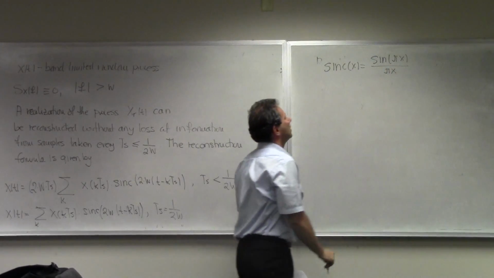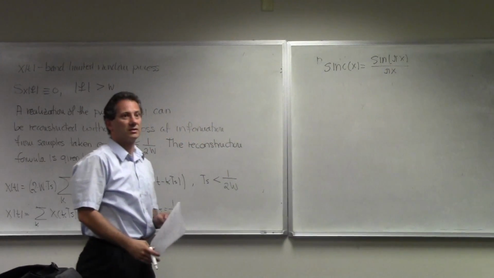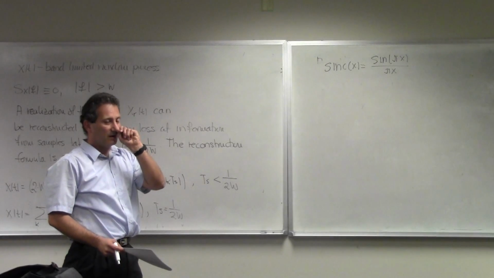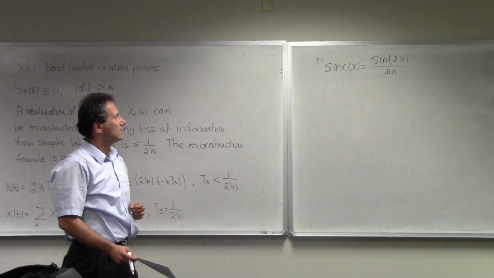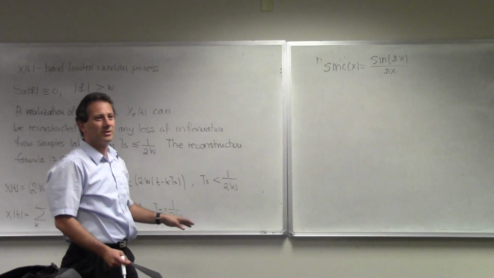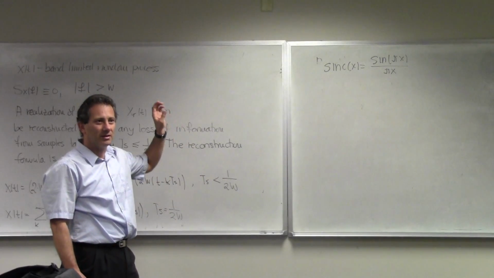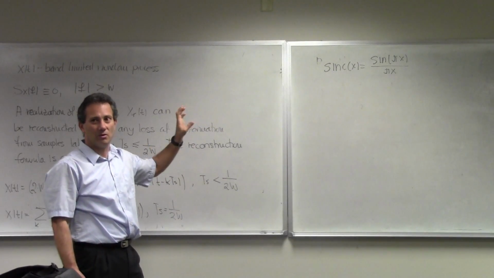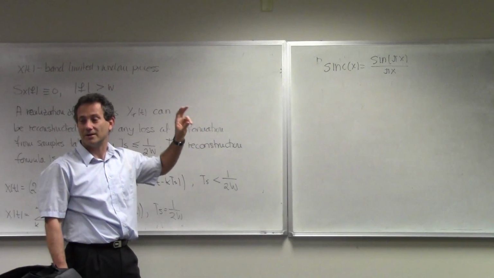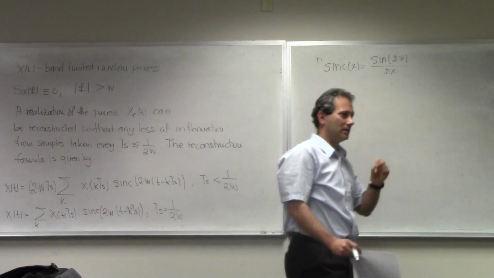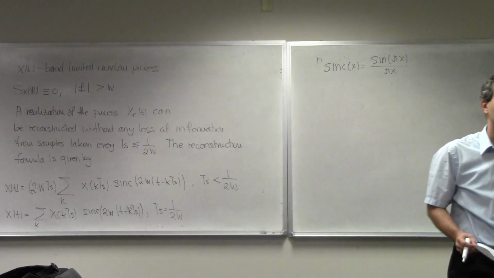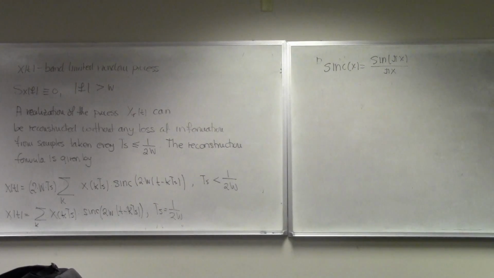So that's how this book defines sinc of x. You cannot remember which book is which, but I want to point this out. So always check what is meant by sinc, flip pages, and find out how this particular author defines sinc.